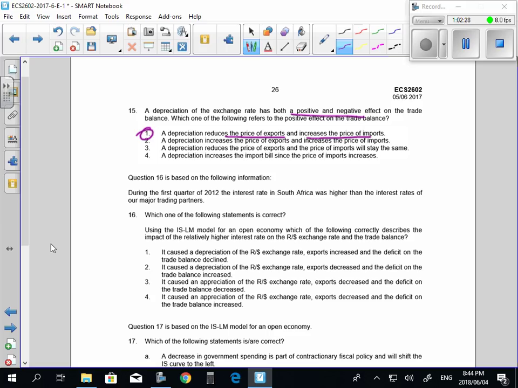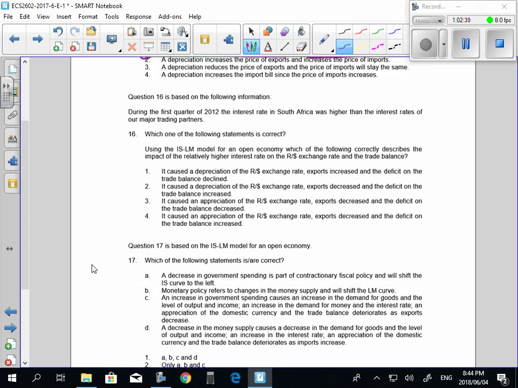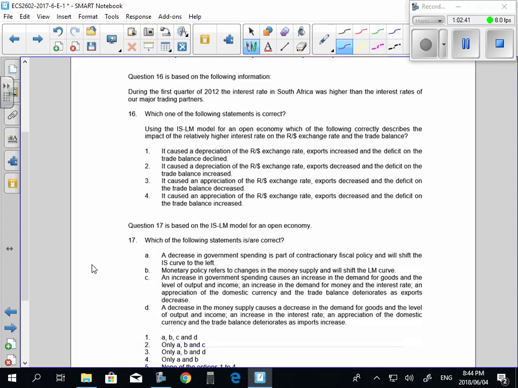Question 16. During the first quarter of 2012, interest rates in South Africa were higher than the rest of our major trading partners. Which one of the following is correct? Using the ISLM model for an open economy, which of the following correctly describes the impact of the relatively higher interest rate on the rand-dollar exchange rate and the domestic trade balance?